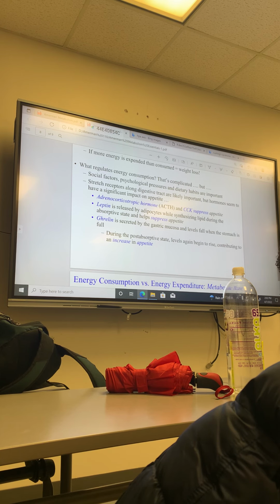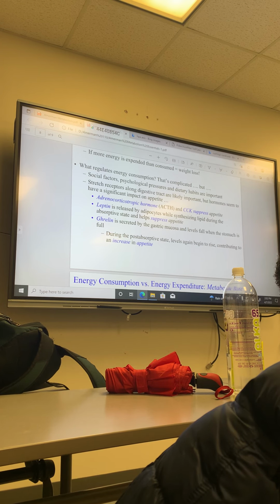It's released during the absorptive state. The last one that's mentioned here, ghrelin, is released from the stomach, and it's a compound that actually seems to increase appetite.